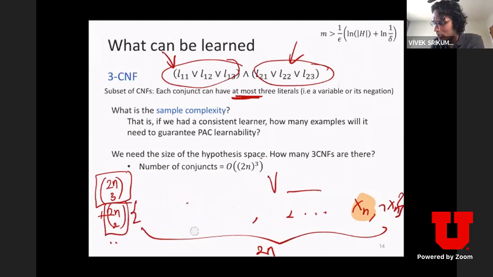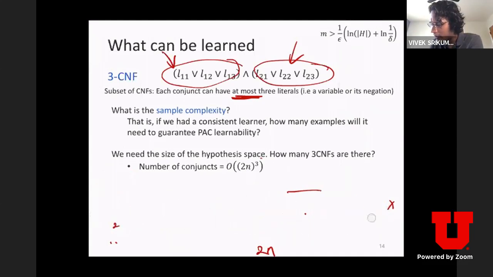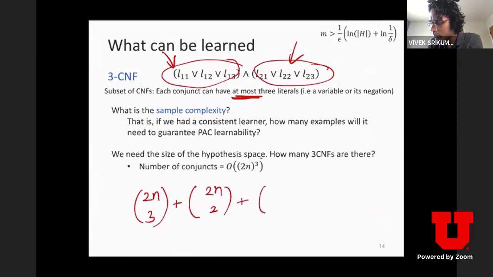So all of these things together: 2n choose 3 plus 2n choose 2 plus 2n choose 1. Among those 2n literals, there are n variables, there are 2n literals. Among those, we can choose 3, we can choose 2, we can choose 1, or we can choose none.